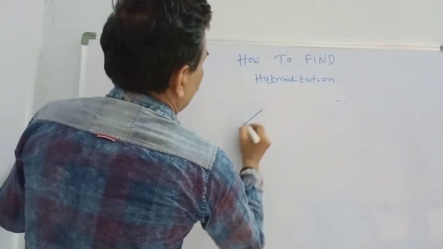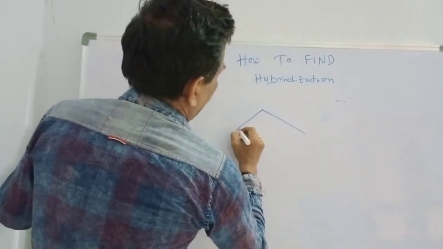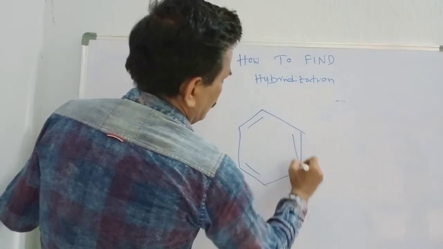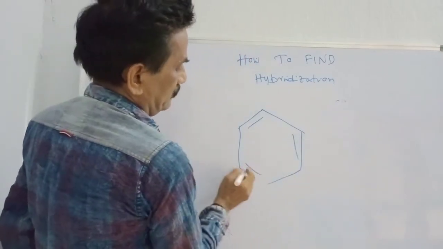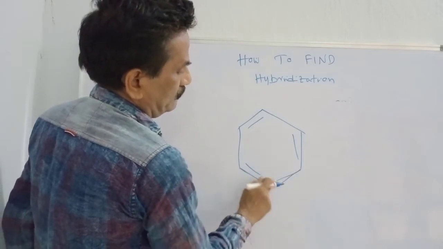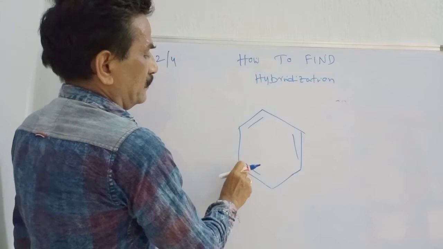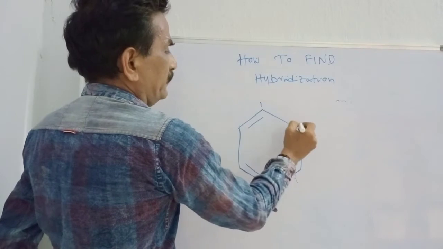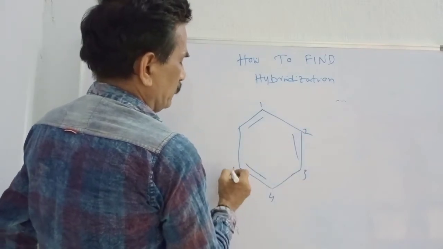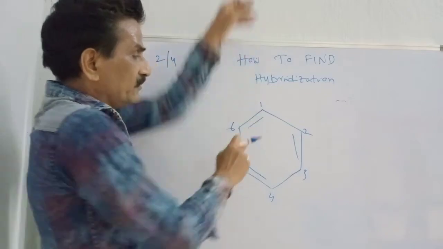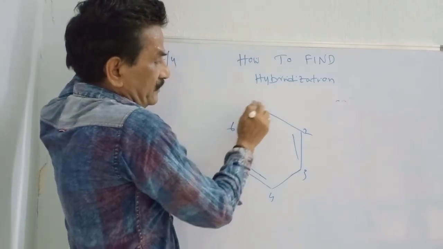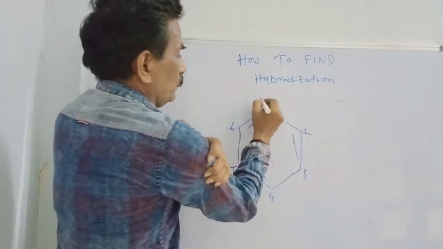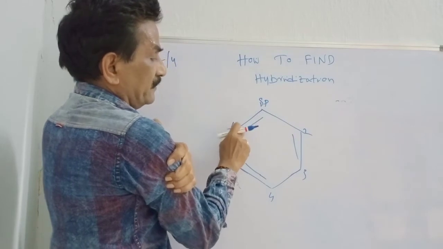You know very well, benzene, with alternating double bonds. So carbons 1, 2, 3, 4, 5, 6. Here the carbon possesses a double bond, so this is nothing but sp2.